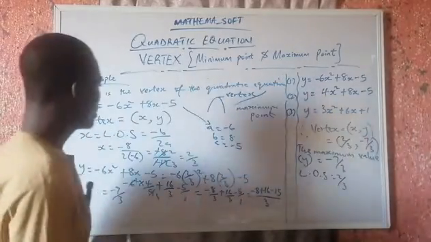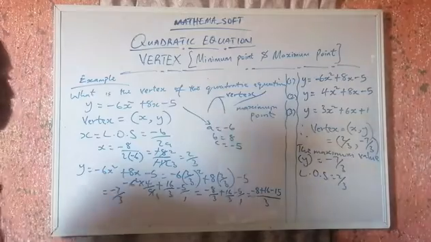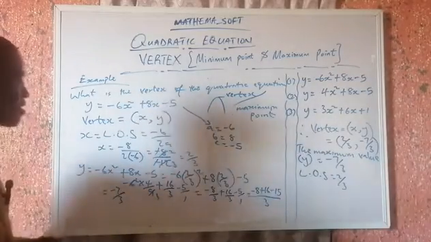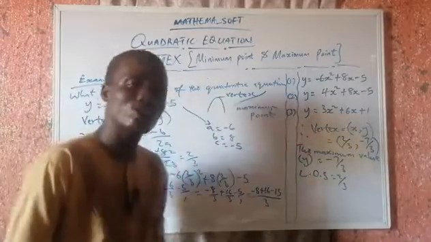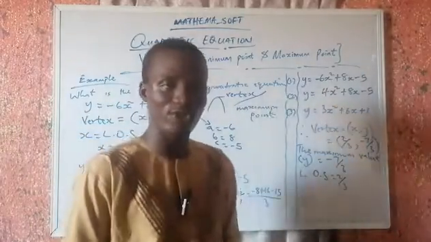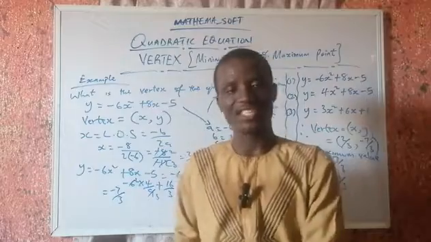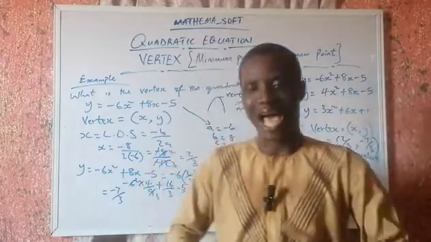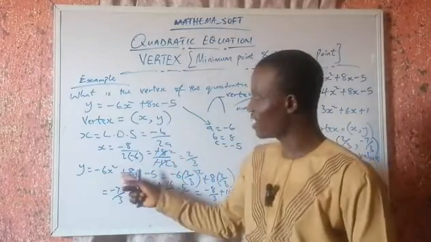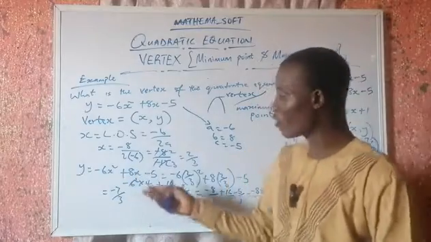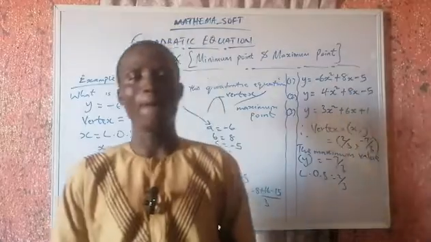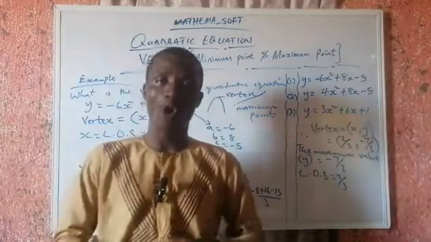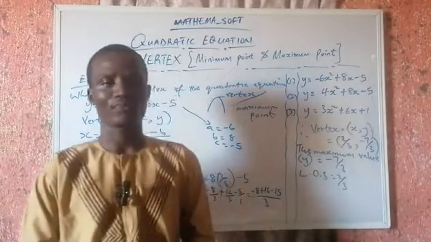So this is how we go about finding the vertex of a quadratic equation with the approach of line of symmetry: getting your line of symmetry, which is the x value, and substituting that in the entire equation to get your y, and then you state out your vertex or maximum point or minimum point.